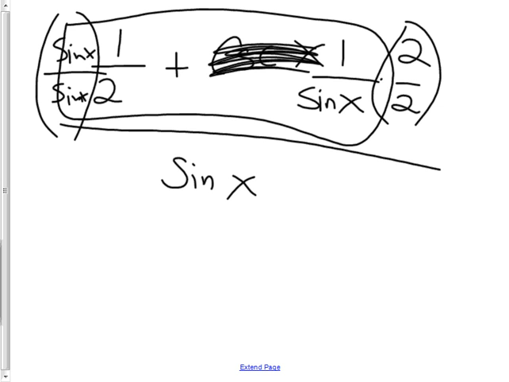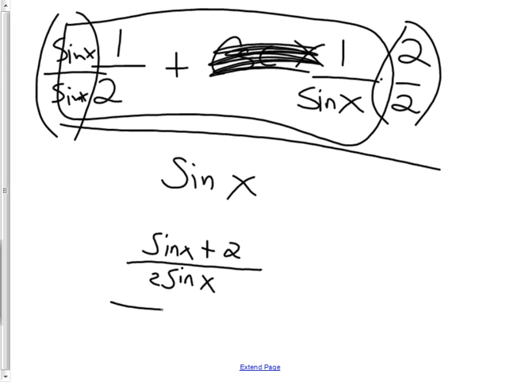Because these parts that you multiply by have to be equal to 1. So now on the top part of my big problem, I have sine x plus 2 over 2 sine x.